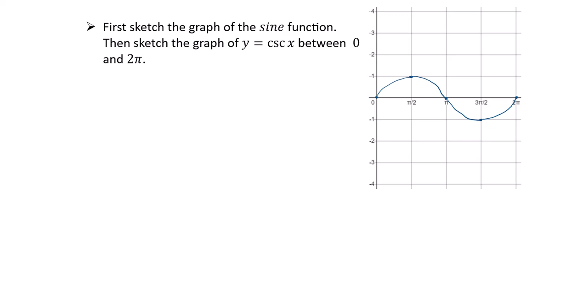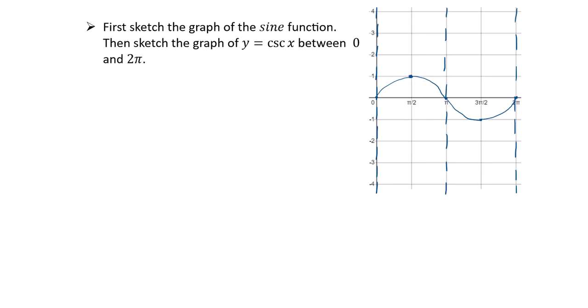So just the same way as we had before, whenever that function has a value of 0, then the reciprocal function is going to have vertical asymptotes. So we can draw those in, and we don't even need to be as detailed anymore.